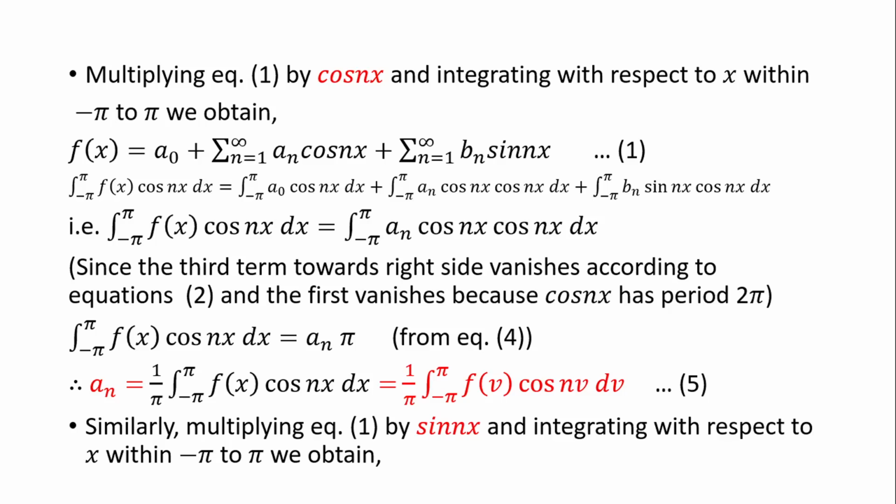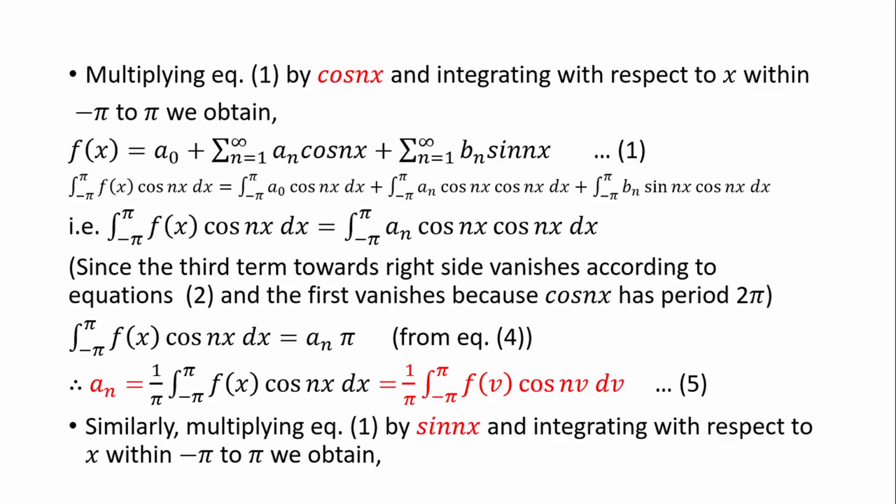Now look at the left hand side. Integration minus pi to plus pi f(x) cos nx dx survives and it is equal to minus pi to plus pi an cos nx dx.